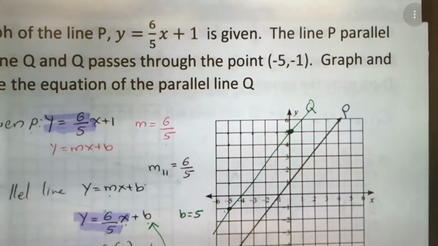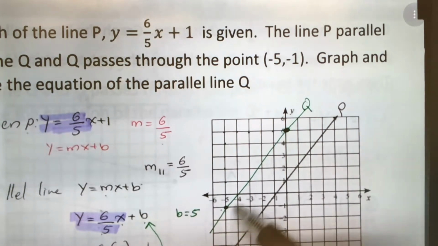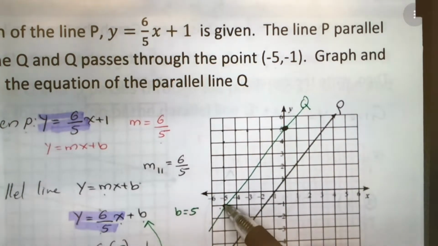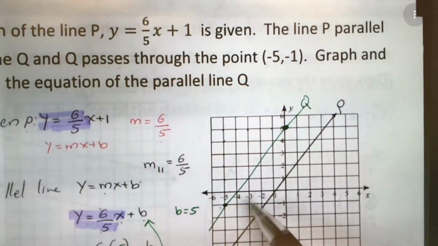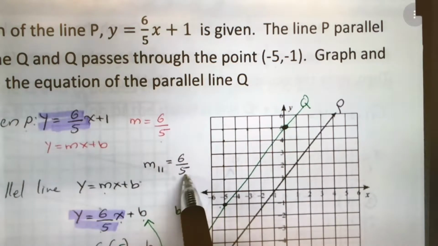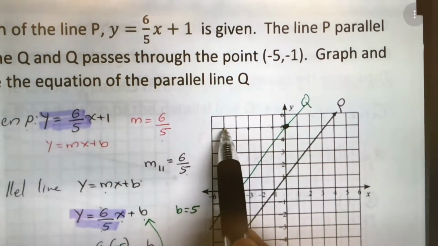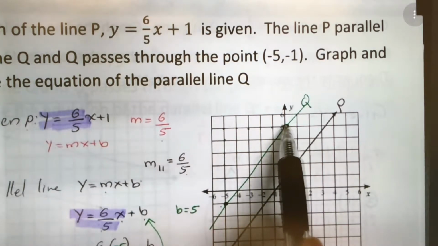To figure out b, I have the point (-5, -1), so I plot it. I have to draw a line parallel to line P passing through this point. Since these two lines are parallel, the slope should be the same, 6 over 5. From this point I go 6 up and 5 over, so I get a second point.